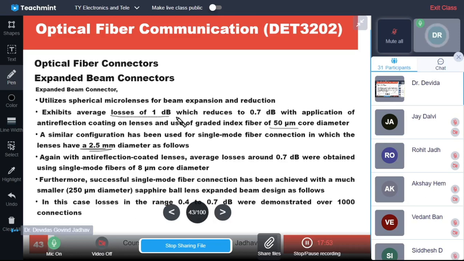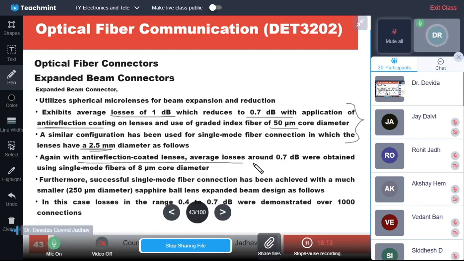It exhibits almost 1 dB loss, or 0.7 dB loss if the anti-reflective coating is applied. So this is quite a good alternative for butt joint fiber joints.